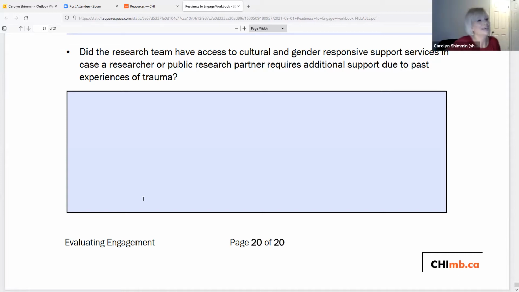For the workbook, definitely we've used it in certain contexts with some research teams. I know the feedback has been that they found it helpful, especially some of the individual questions, the personal ones, particularly in research scenarios where you don't typically do that kind of personal level of critical reflexive practice. I think it's helped in letting health researchers especially start thinking about it.